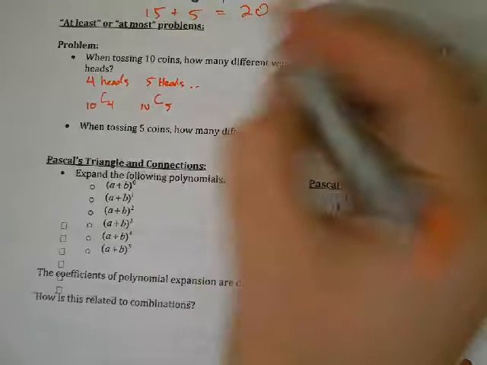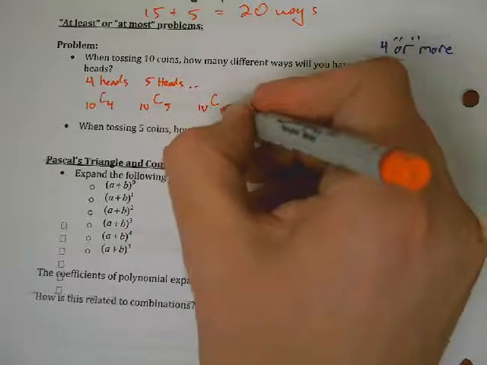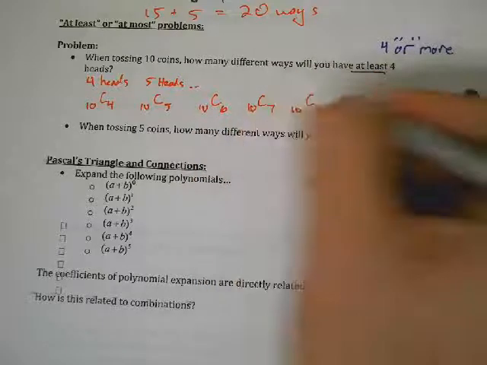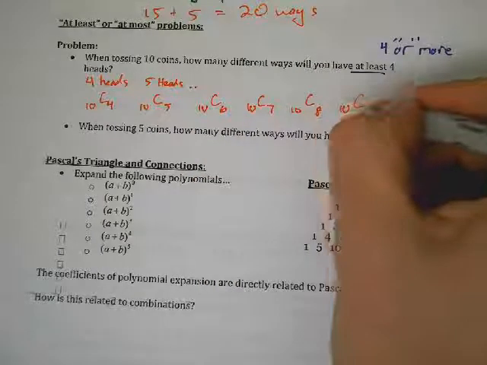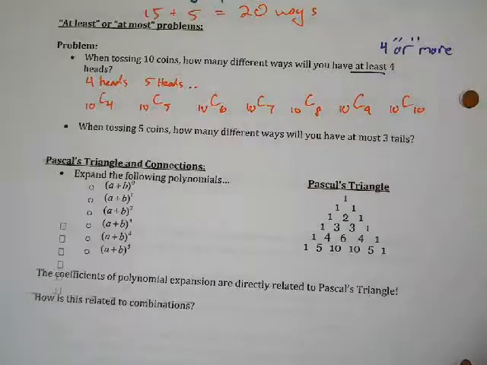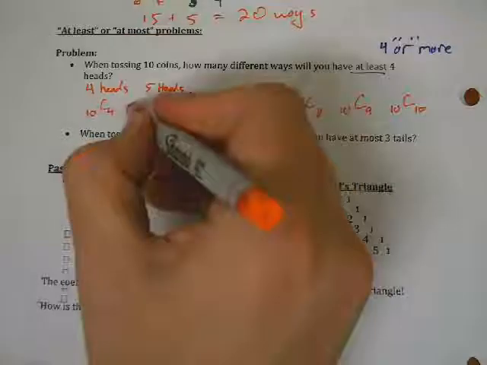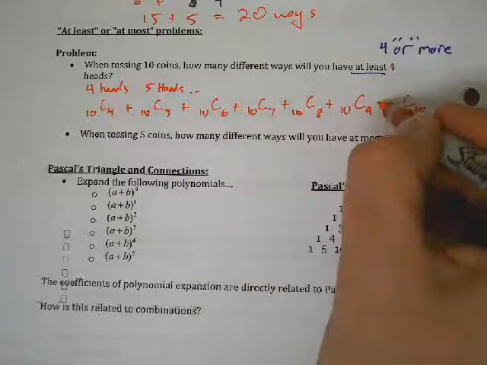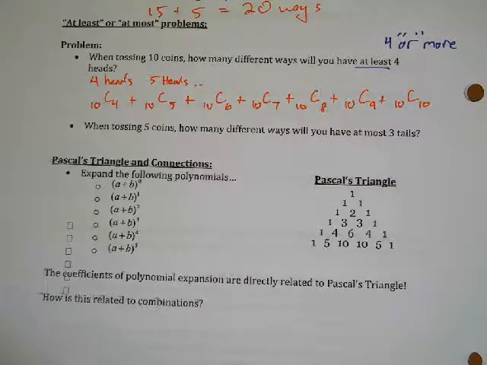And we keep going. There's 10C6, 10C7, 10C8, 10C9, 10C10. We have to find all of these and add them all together. Okay, and unfortunately, that's the easiest way to do it.